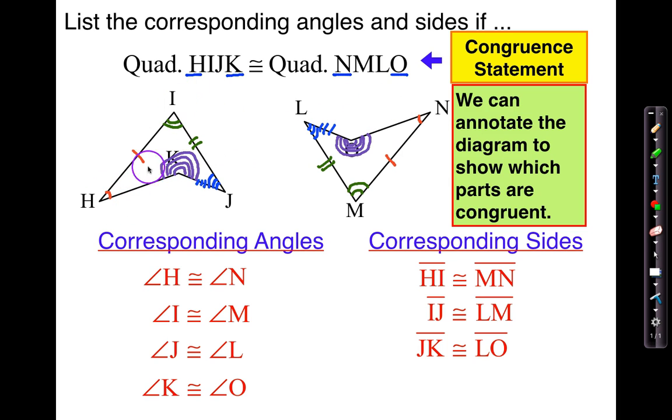Look, it is HK. So 1, 2, 3, 4 is congruent to NO. 1, 2, 3, 4. Now, once again, it really doesn't matter which order you write it. I went ahead and wrote segment HK is congruent to NO. Now, could you have reversed these? Absolutely. The order of these letters do not matter.